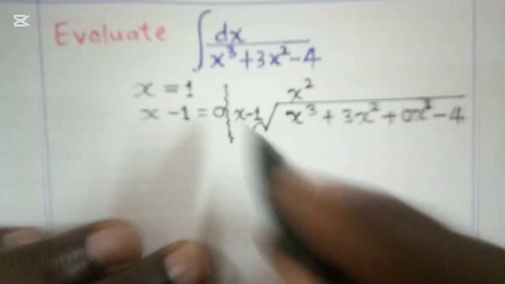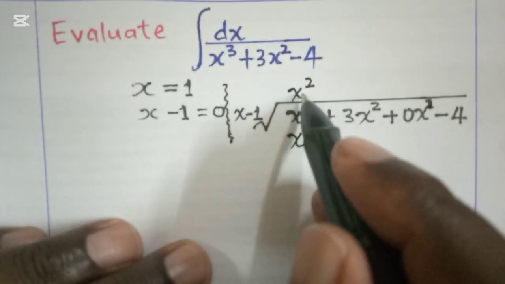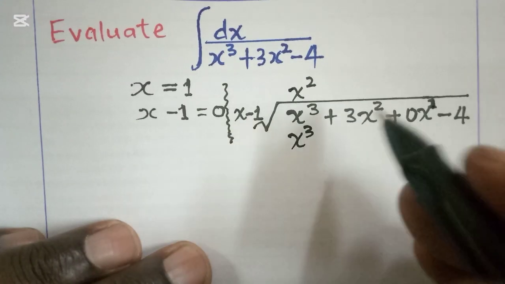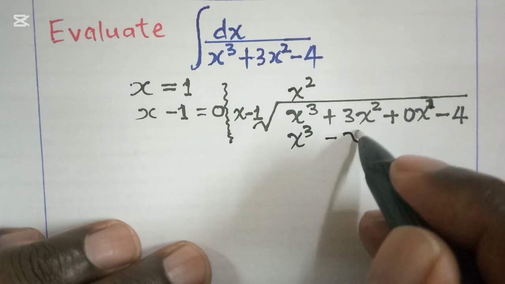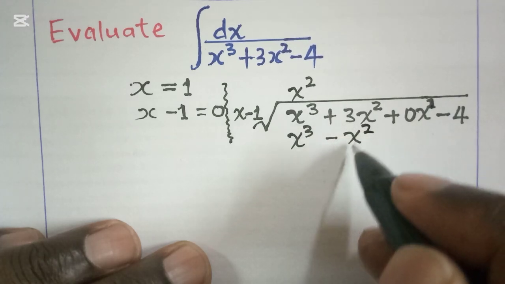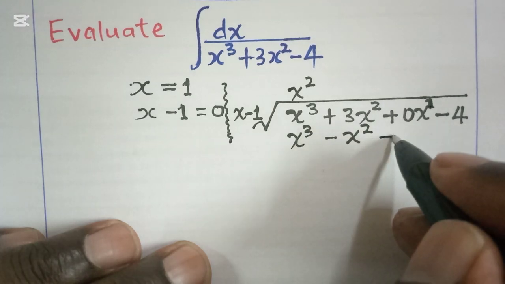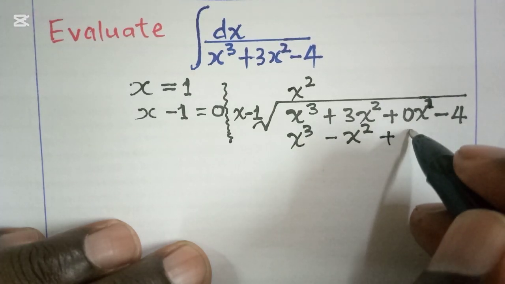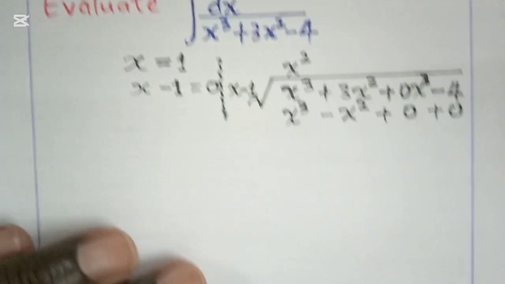X squared multiplied by x is x cubed. And x squared multiplied by negative 1 is negative x squared. And up to there, the rest is going to be 0. So we can write plus 0 plus 0, like that.